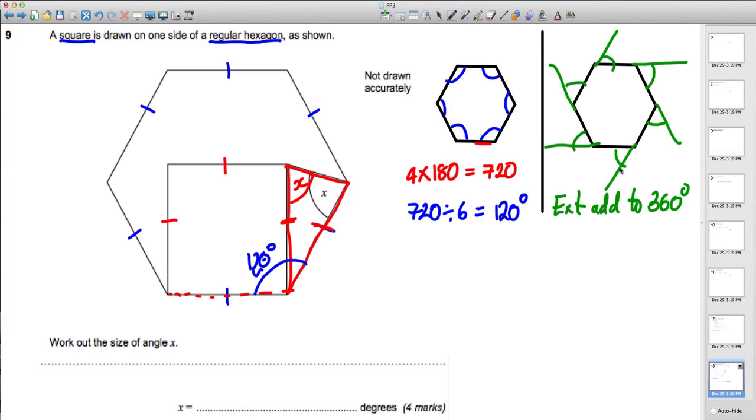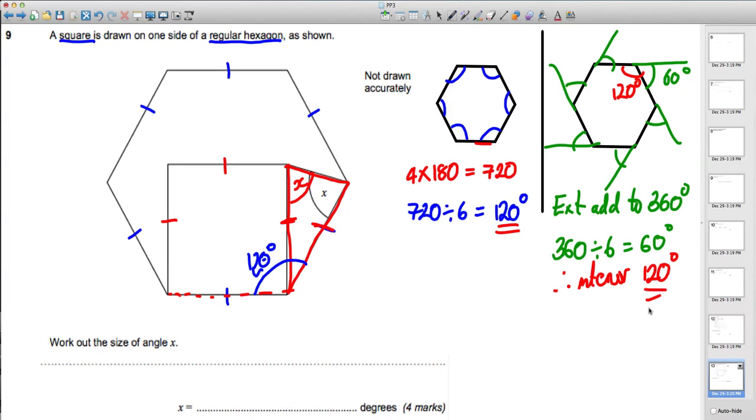There are 6 of them, so each one in this case must be 60 degrees. If that's 60 degrees, then it's obvious that this must be 120 degrees. Therefore, interior 120 degrees. So either way gets you to the interior being 120.